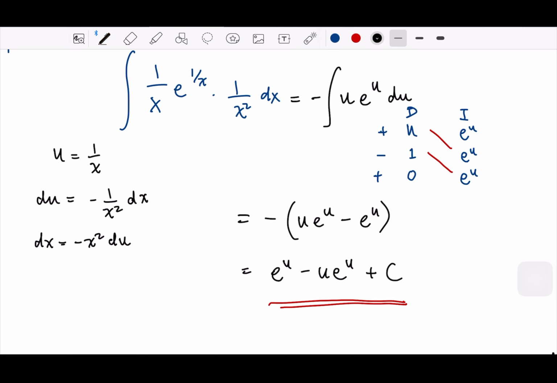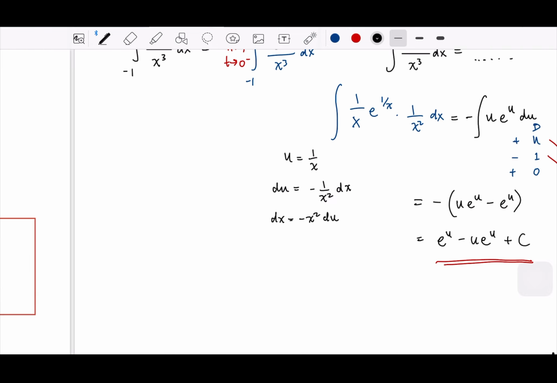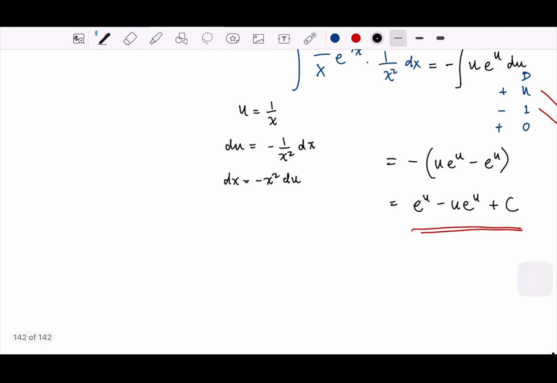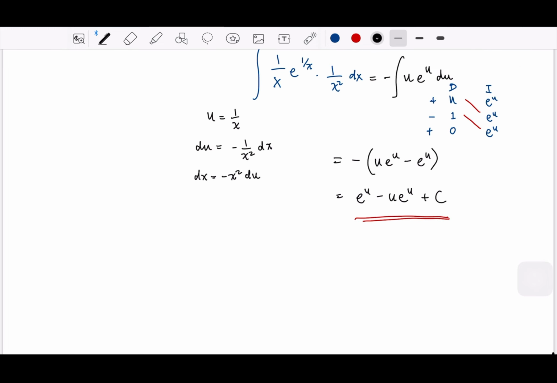So this is the first step: calculate the integral using some techniques, and then we can go here. Let me write in here that we have the limit as t going to 0 from the left.